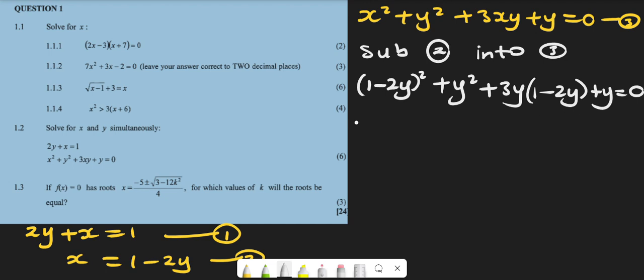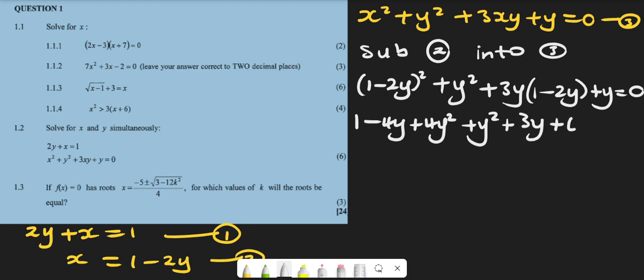And then from here, I will try to simplify the left-hand side. So I will have 1 minus 4y plus 4y squared plus this y squared plus 3y minus 6y squared plus y equals 0.